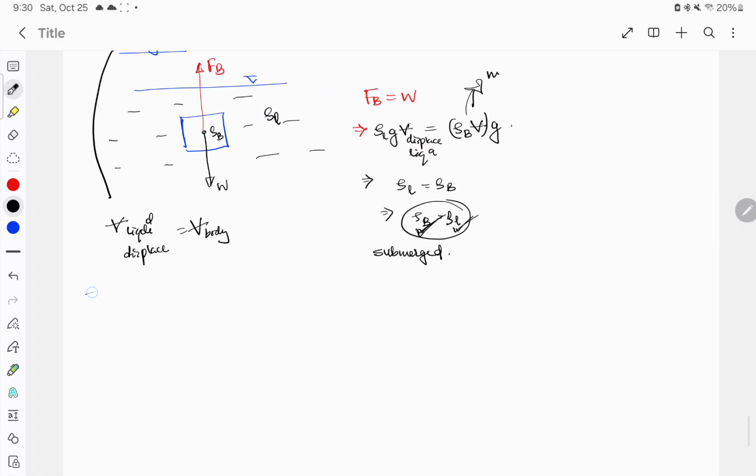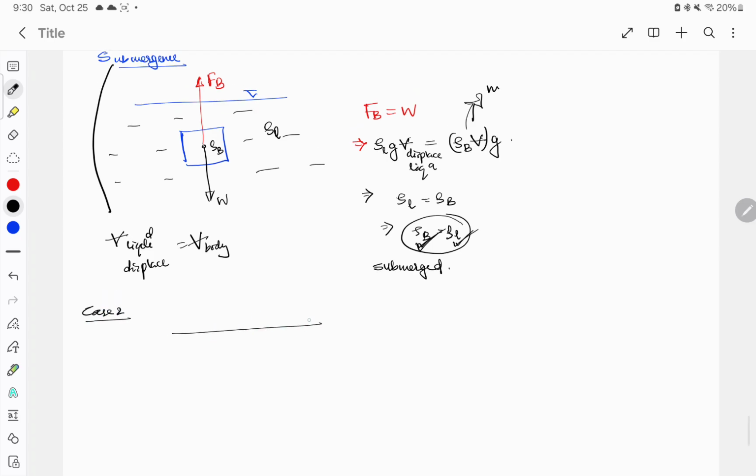The second case is a floating body. We know this is acted upon by its weight, and the liquid displaced by this body gives a center of buoyancy, through which the buoyant force acts.